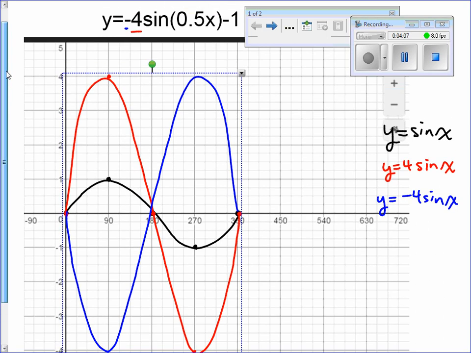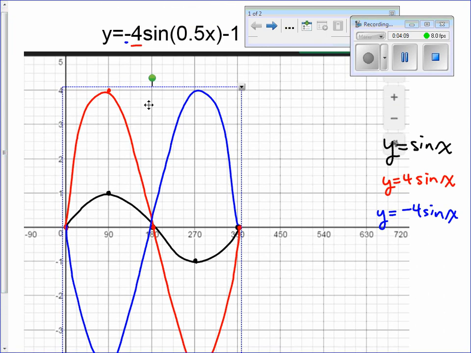The next thing we have to look at is this portion here. Now that we have dealt with the stretch vertically for our graph, we have to take a look at the horizontal stretch. The 0.5 basically gives us an idea of what's about to happen.